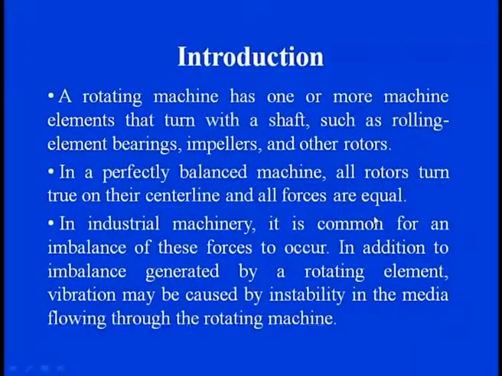As we know, a rotating machine has more than one element under the rotating feature turned with the shaft, like the bearings, the gears, the impellers, and other mounting rotors.